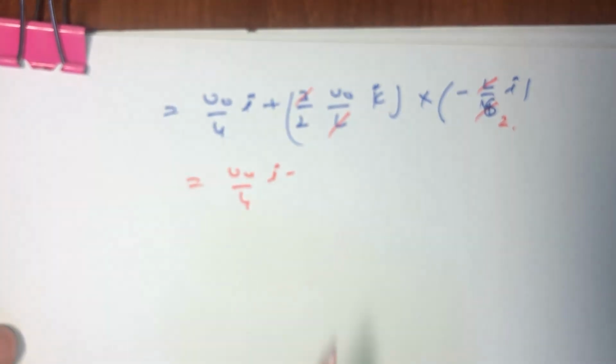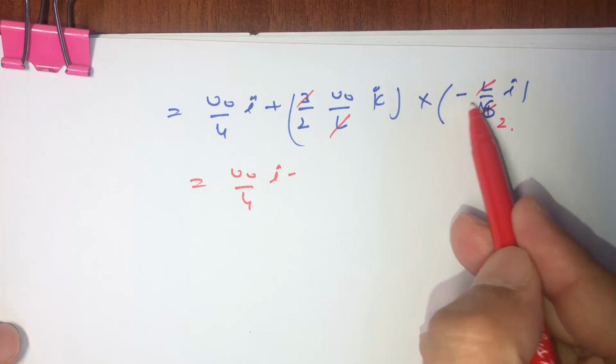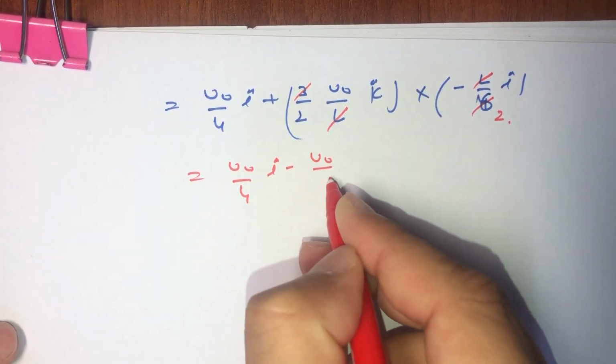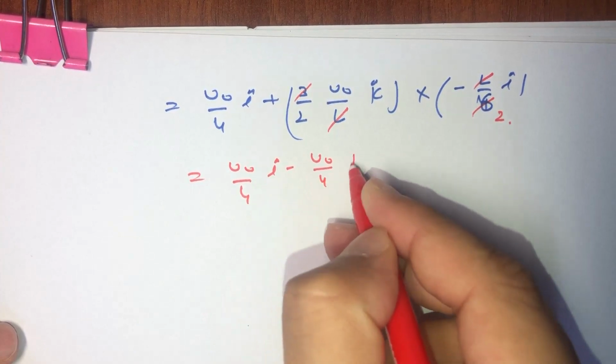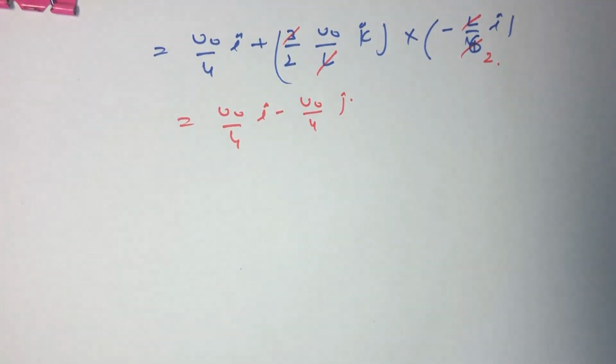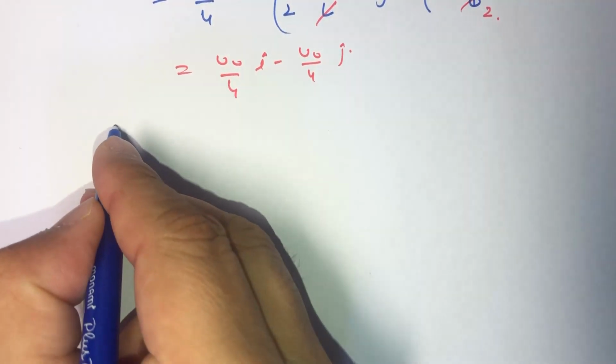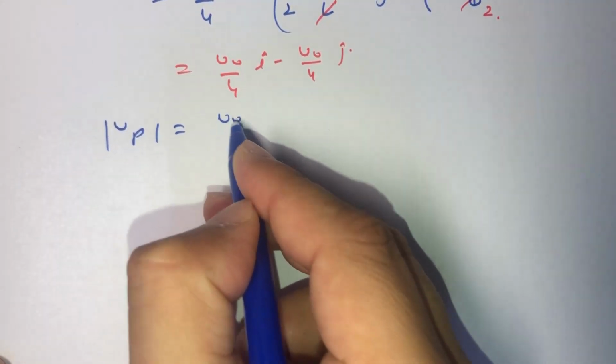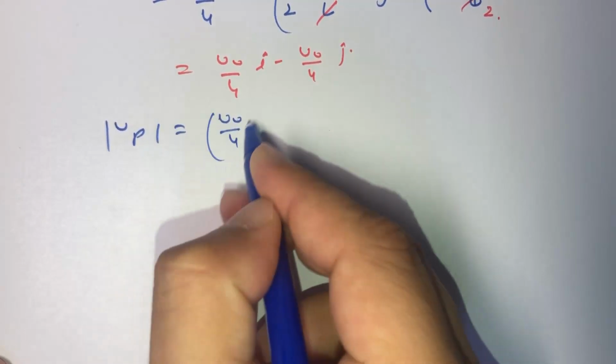So we have here K cross negative I, which gives us V0 upon 4 times J.